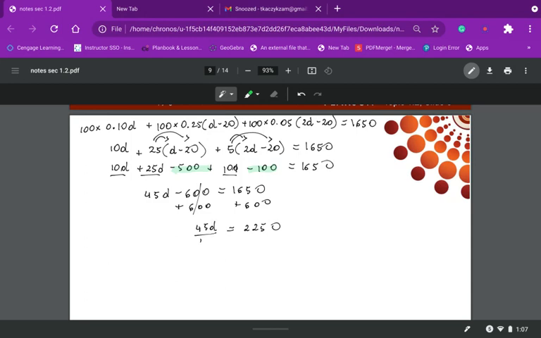Last step, divide both sides by 45. 2,250 divided by 45 is 50. So D is equal to 50. That means that we have 50 times.